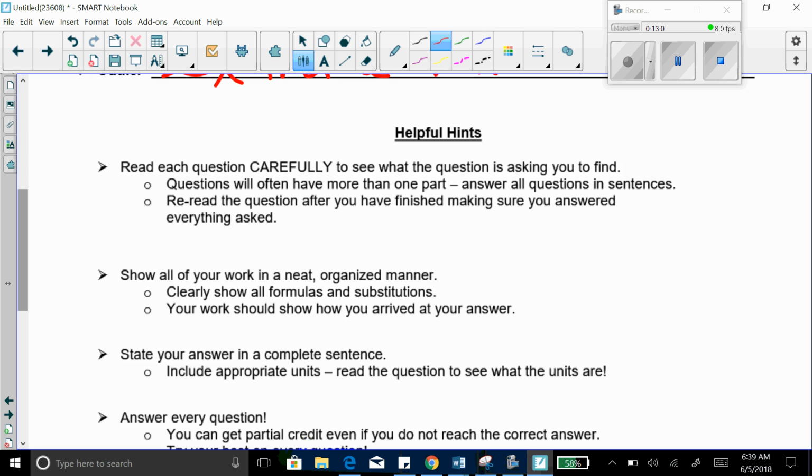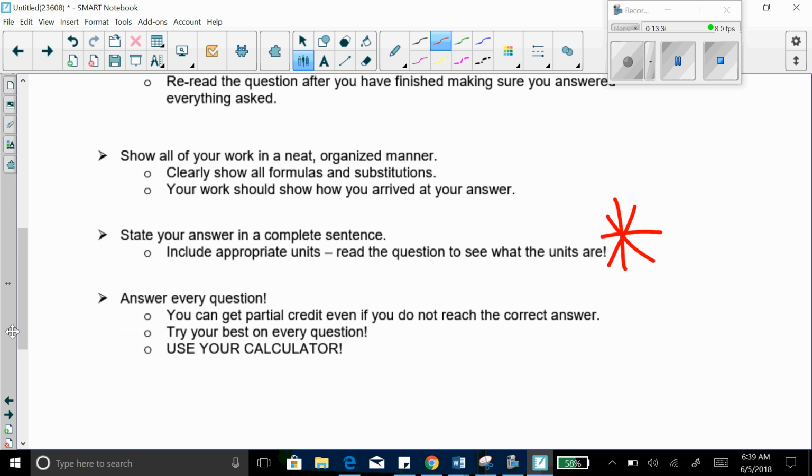Make sure you're showing all your work in a neat and organized manner. If you show me all your work, I'm able to give you partial credit if you get something wrong. If you do not show me all your work, there's nothing I can really do for you if you got the question wrong. Again, state your answer in a complete sentence and use the appropriate units if required.